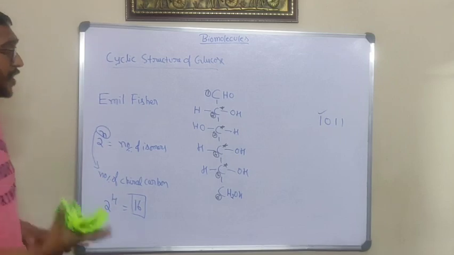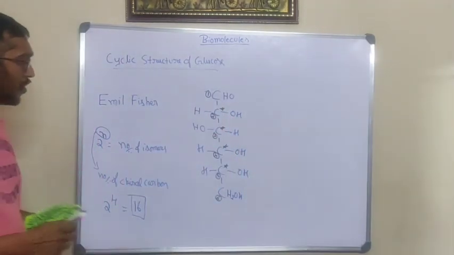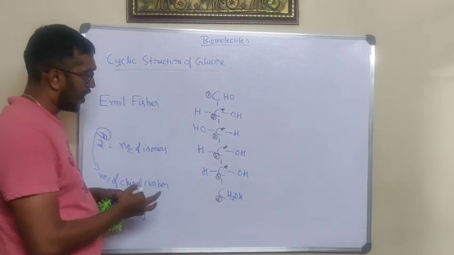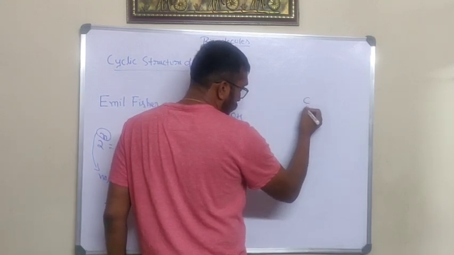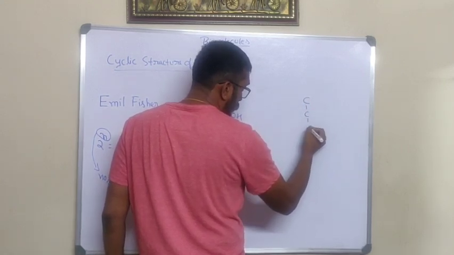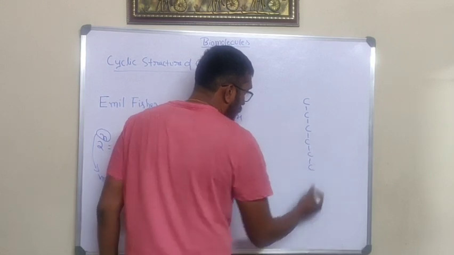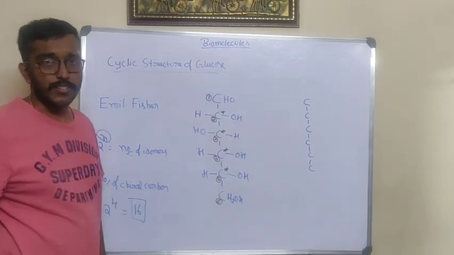Listen carefully here. I am going to erase this one. Similarly, glucose has 6 carbon atoms: 1, 2, 3, 4, 5, 6. So this is the glucose structure.